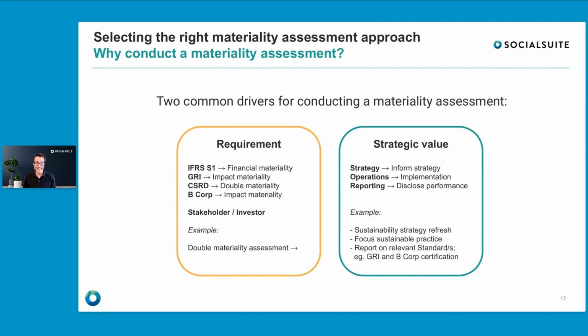In Australia, it's ASRS S1. So we see there's implementation there, whereas the IFRS standard is a voluntary global standard. We see jurisdictions implementing that and making it a requirement for companies. So there could be a standard or legislative driven requirement to do a materiality assessment, but it could also come from your stakeholders or investors that say, we don't want all your sustainability information, we just want what is material.